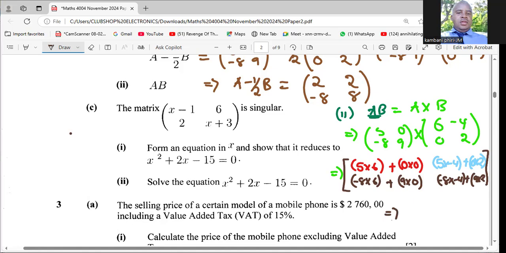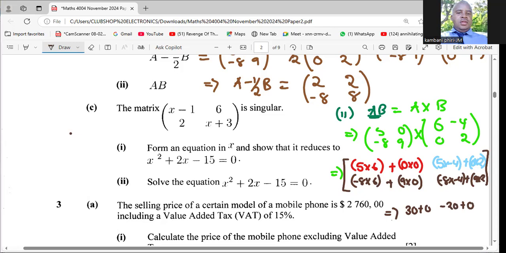So what do we get? 5 by 6, we get 30 plus 0. 5 by negative 4, we get negative 20 plus 0.